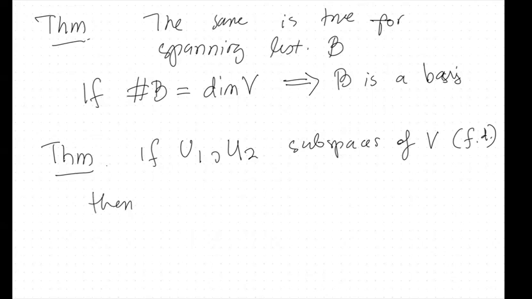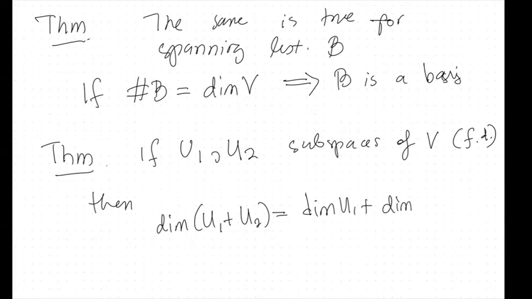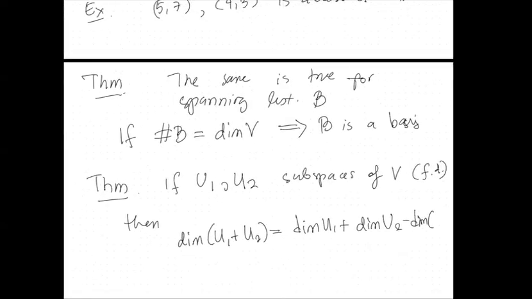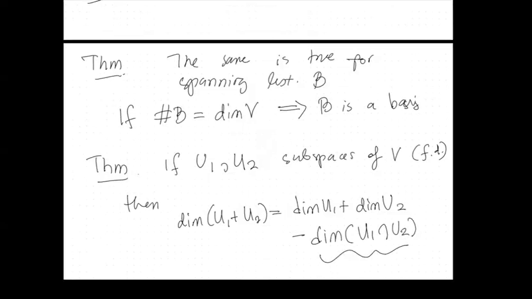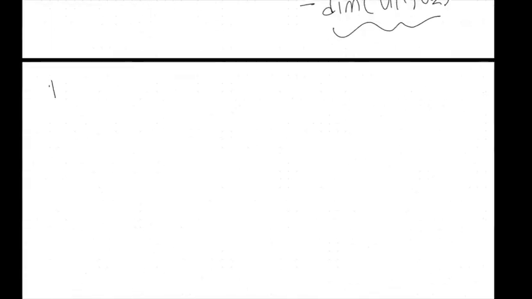Then the dimension of the sum U1 plus U2 is equal to the dimension of U1 plus the dimension of U2 minus the dimension of the intersection of U1 and U2. So, okay, let me have a remark.